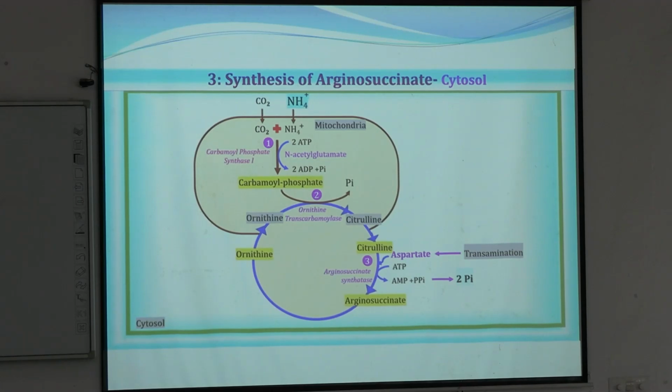One ATP is getting used, but the number of energy bonds being broken is two, because 2 inorganic phosphates are getting released. Is it clear?